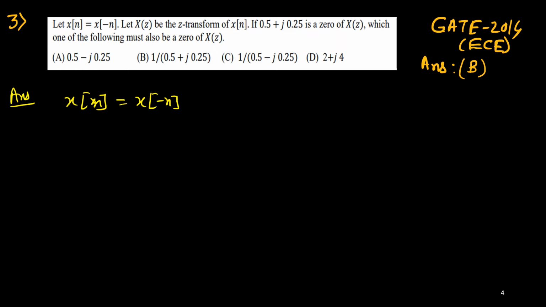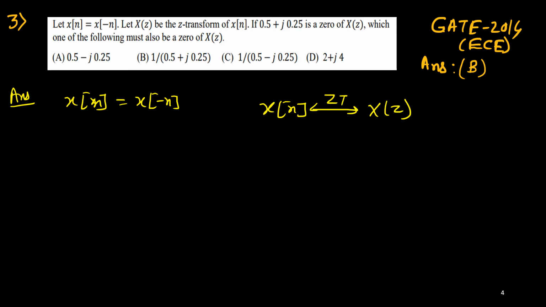Now the question is given that X of z is the z transform of x of n. And we said that 0.5 plus j 0.25 is a zero of X of z, then which one is the following zero? One should be a zero of X of z again.